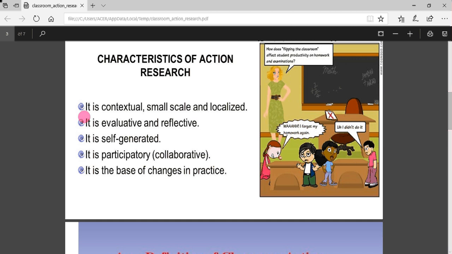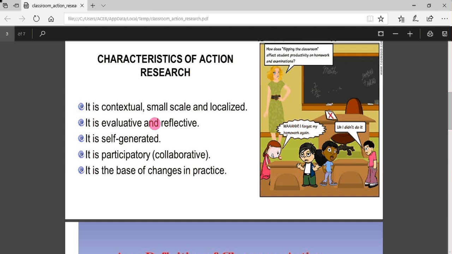Second, evaluative and reflective. When you get the data from the classroom, then you try to evaluate. This is the first basis, the first foundation, the first principle. This is a very important one in doing classroom action research.